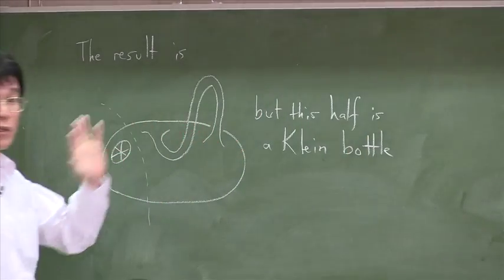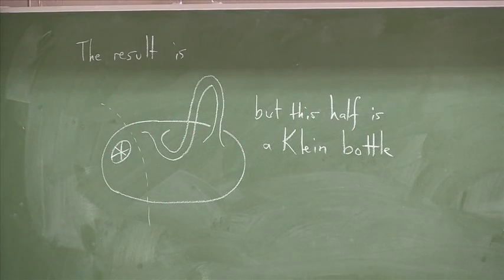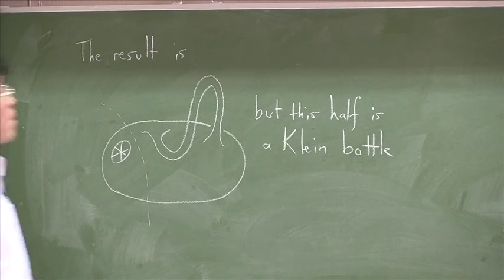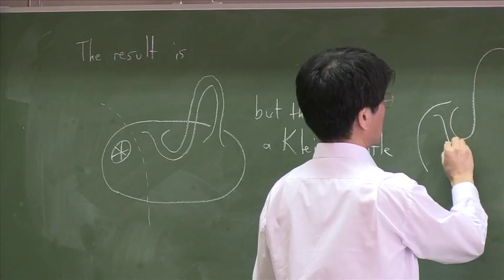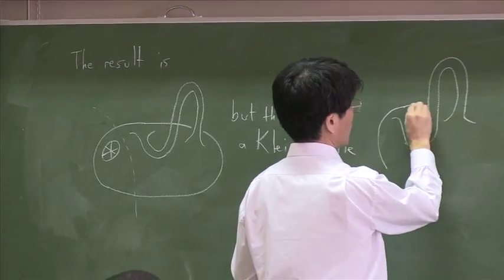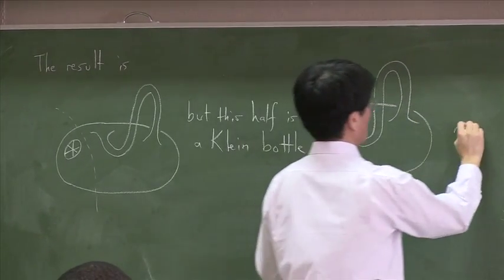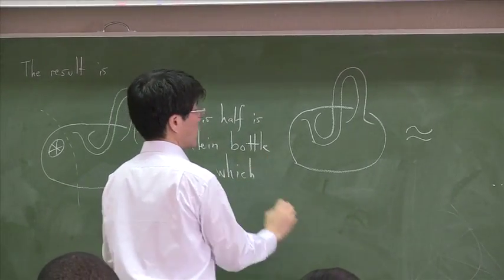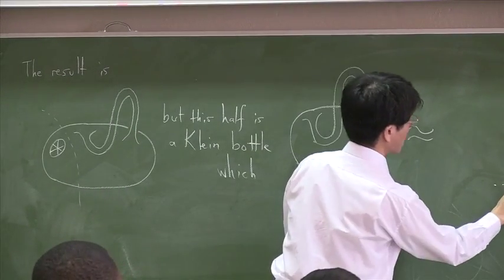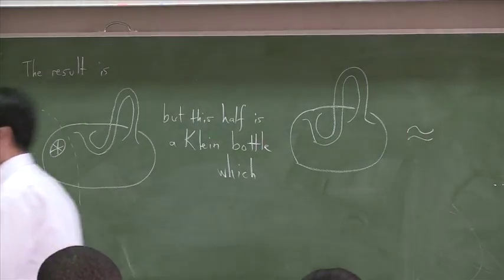And do you remember what the Klein bottle is in terms of movie strips? We can draw this picture of the Klein bottle, which, by theorem, which example was this?